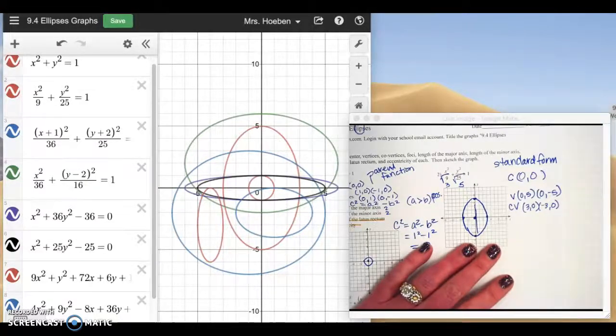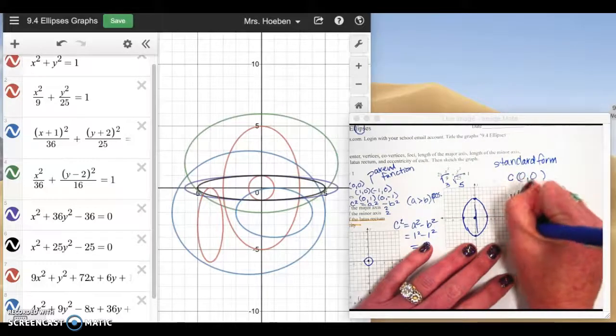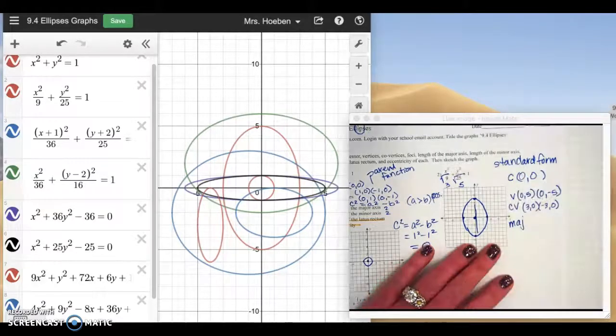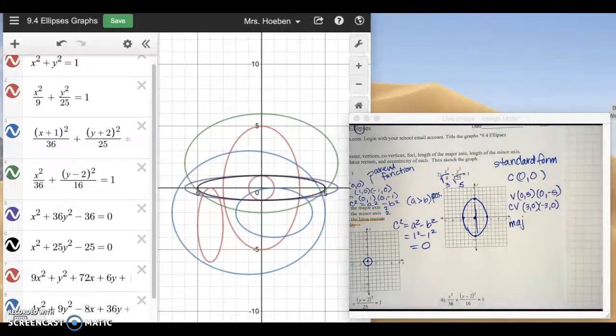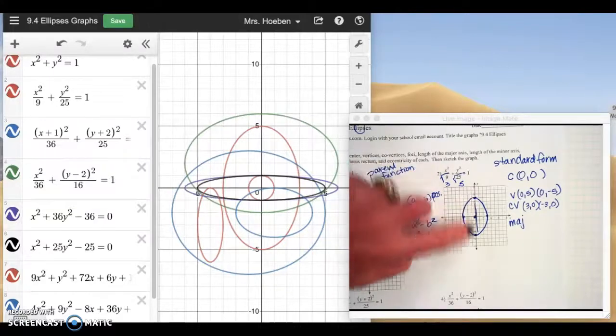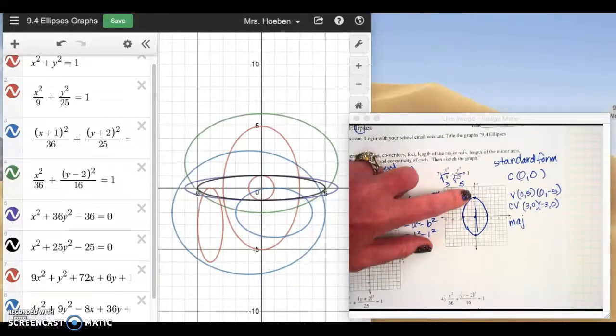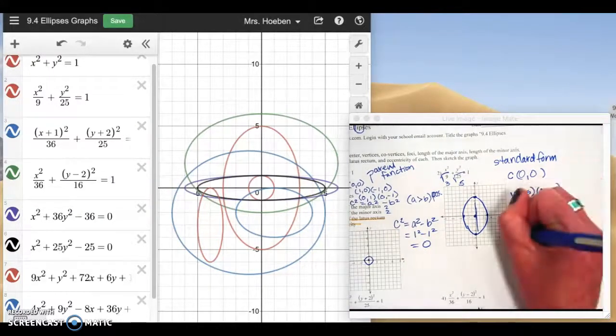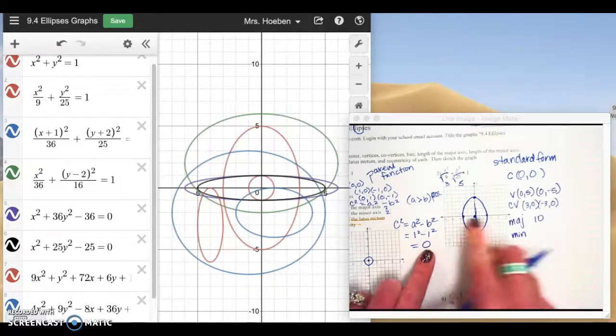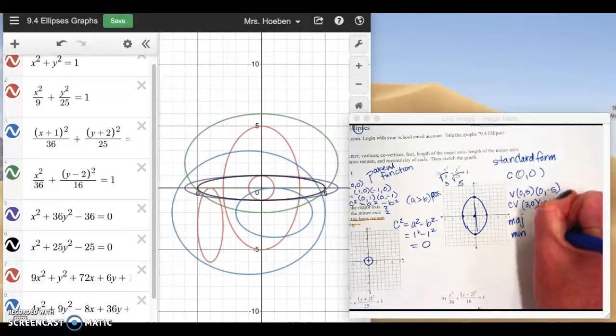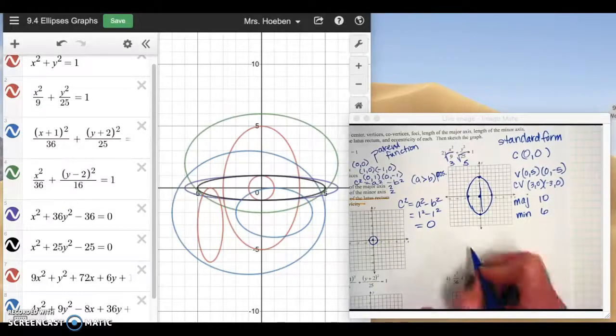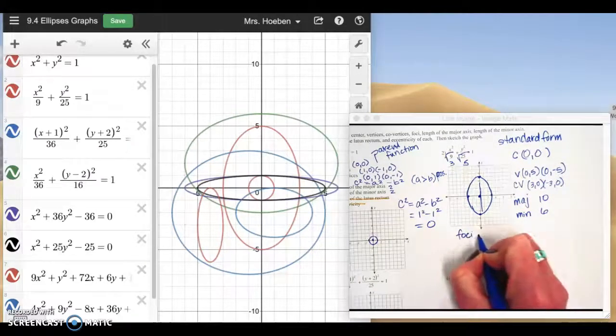So the next thing is the length of the major axis. The major one, just like the regular vertices, is going to be the longer one. How many units is this one? 10. And the minor, going this way, 6. The only other thing we need to find is the foci.